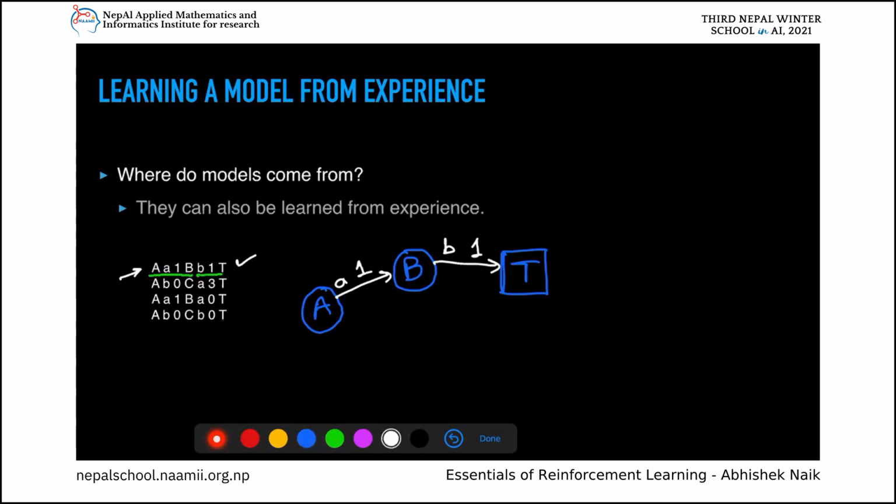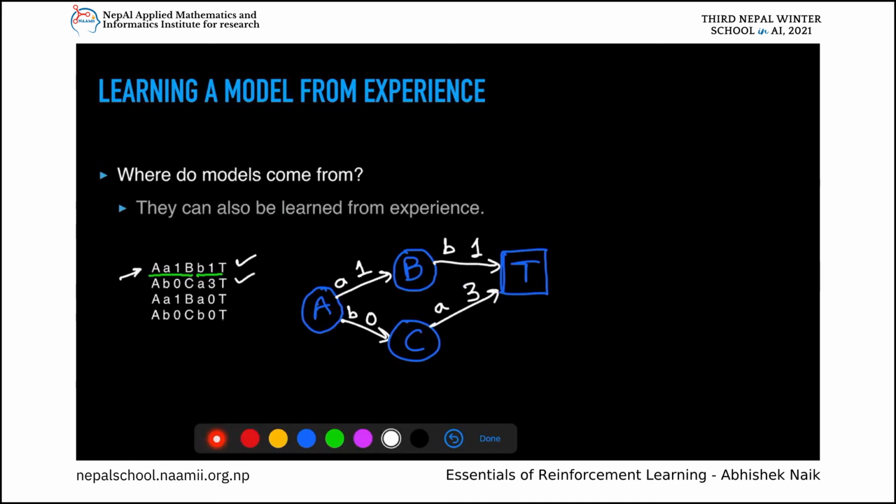The second trajectory tells us in state A, if I take action b, I get a reward of 0 and end up in C. If I take action a in state C, I get a reward of 3 and I end up in T, the terminal state.